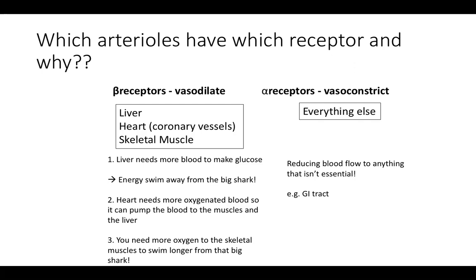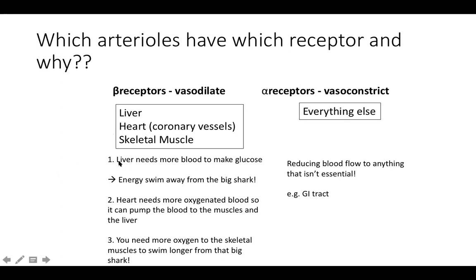In general, the arterioles that have beta receptors that are going to allow for more blood flow to get to the tissue are those that are in the liver, the blood vessels around the heart or the coronary vessels, and the blood vessels that are in skeletal muscle. And if you think about it, you do want more blood flow to go there during times of fight or flight.